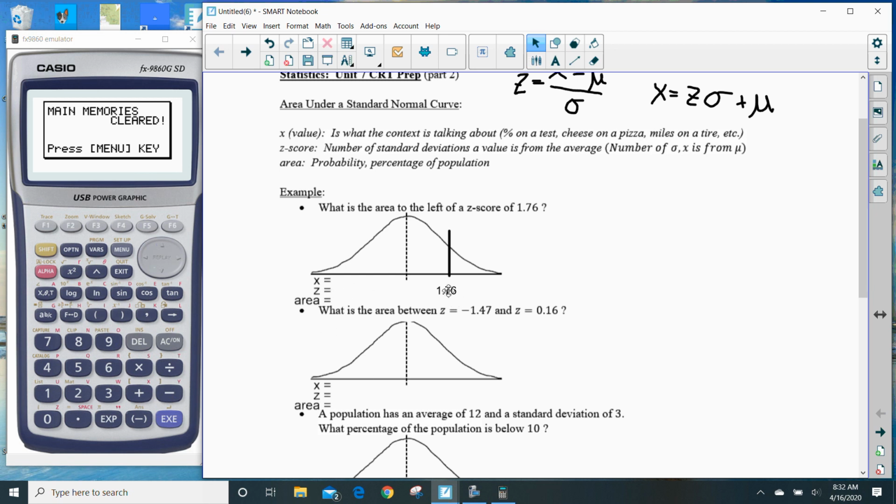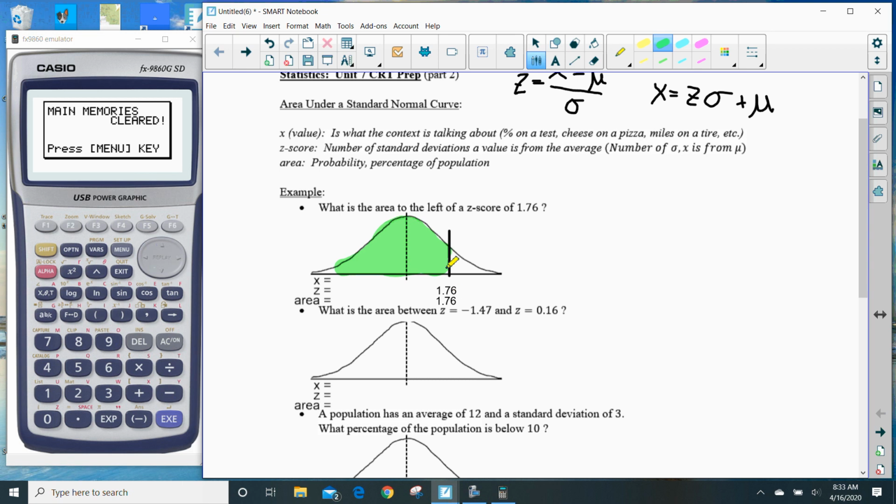The question is, what is the area of this? More specifically, the area to the left. That's fortuitous for us because when we look at an area on the z-table, they always give you the area to the left. If we wanted the area to the right, we would have to take 1 minus this unwanted area. However, we want this area, and that's exactly what we need.